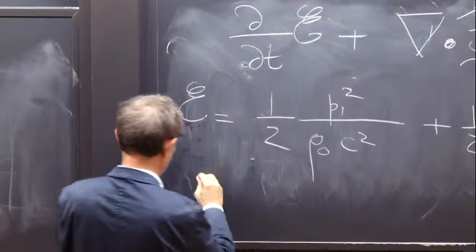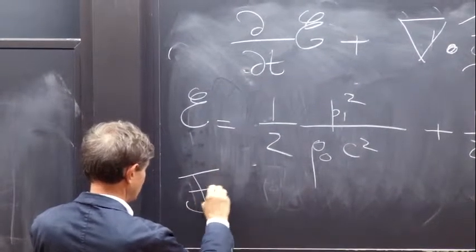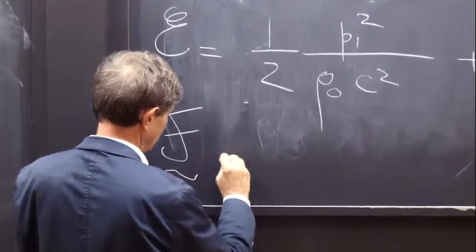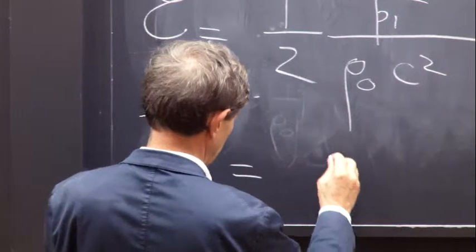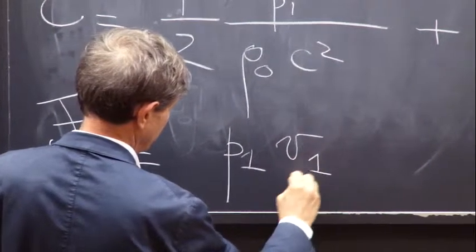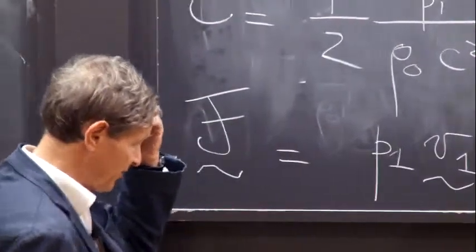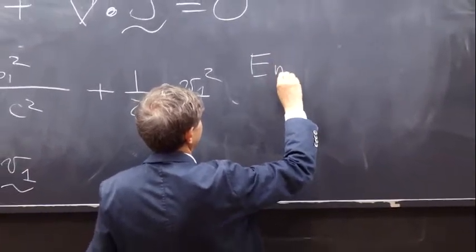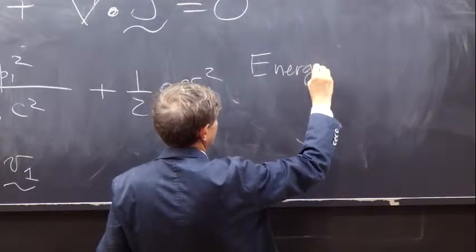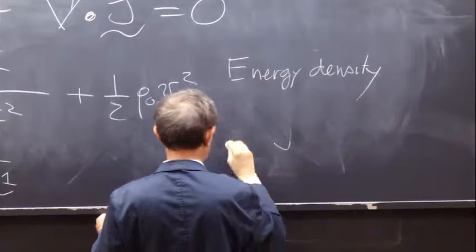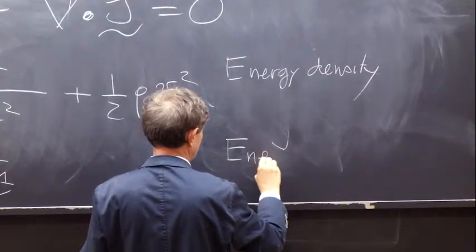And this is an energy density. We will see that in a minute. F is equal to P1, the pressure fluctuation, times V1, and this is an energy flux. So energy density and this is energy flux.